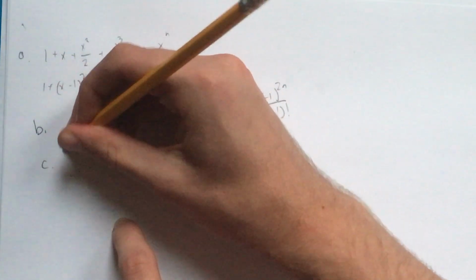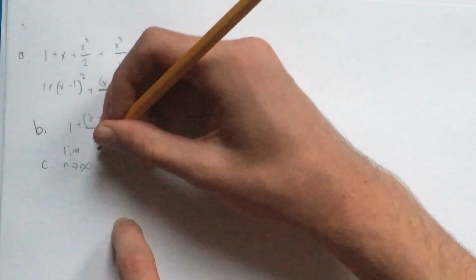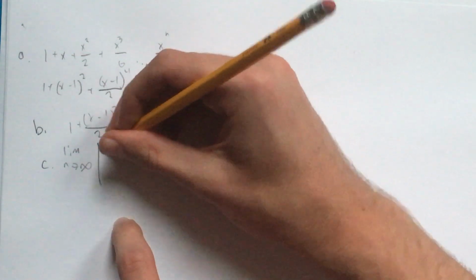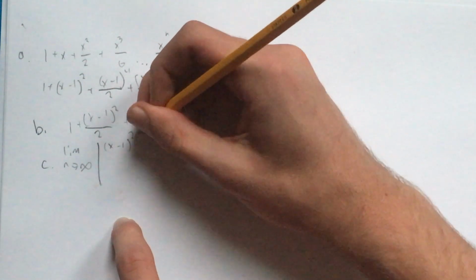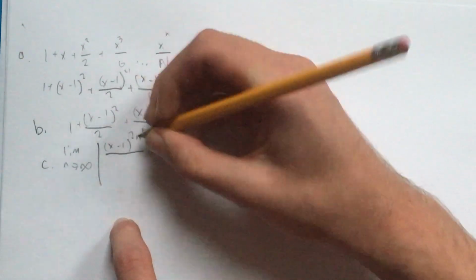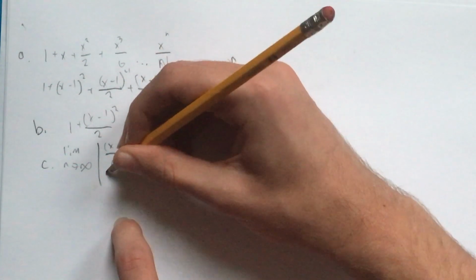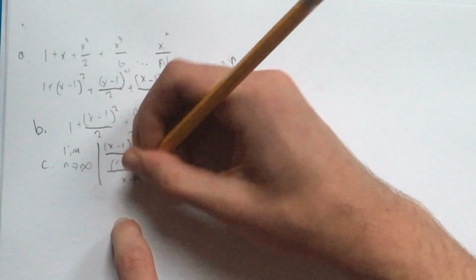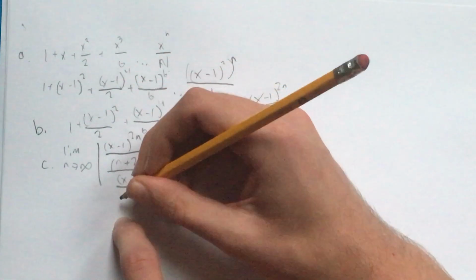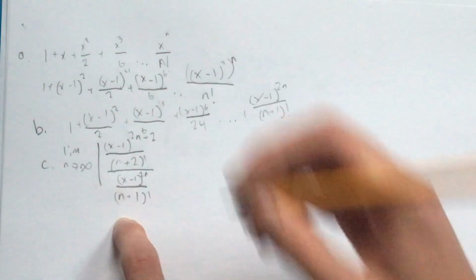You just do the limit as n goes to infinity of the absolute value of, you plug in the general term, but instead you put n plus 1, so it would be x minus 1 to the 2n plus 2, all of that over n plus 2 factorial, take all that divided by x minus 1 to the 2n over n plus 1 factorial.